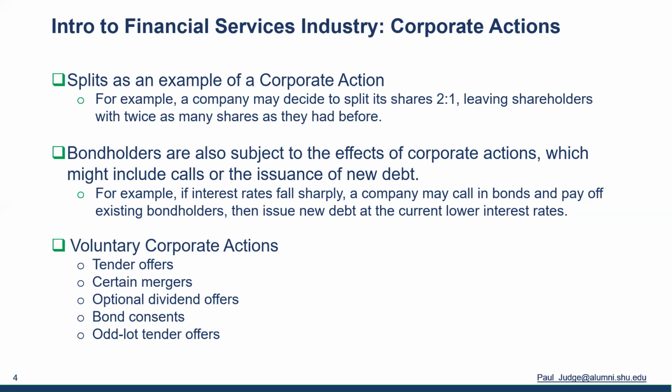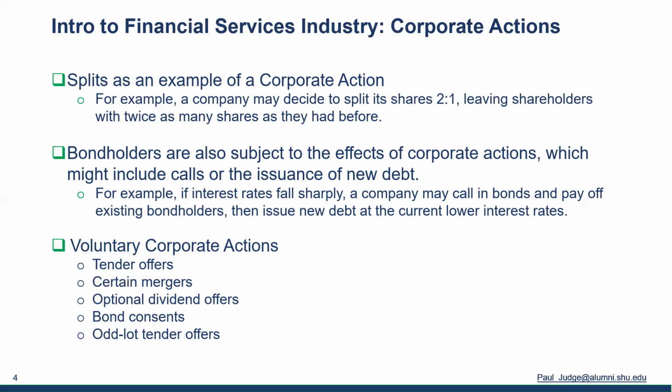But sometimes corporations will do what's called a voluntary corporate action. And what they'll do is, through their brokers, through the registry, they will notify all of the current shareholders and say, hey, we've got a voluntary action. You can do this or you can do that.